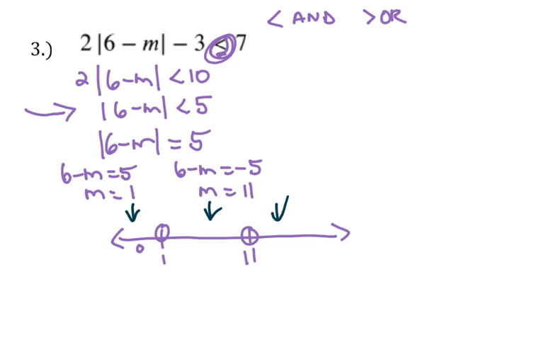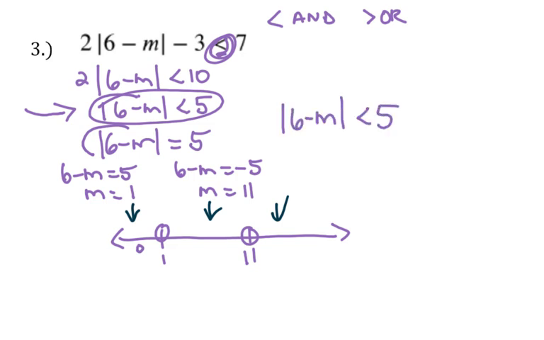I'll look at this statement: the absolute value of 6 minus m is less than 5. If I plug 0 into this, I have 6 minus 0, absolute value, is less than 5. 6 is less than 5. Does that make a true statement? No, it does not. So I am not going to include this area.